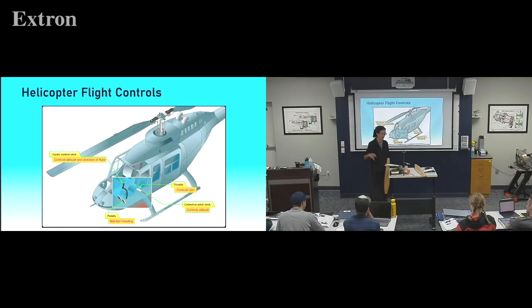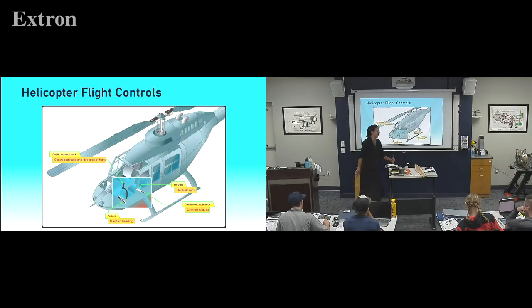When the collective pitch control lever is raised, the blade angle of all the rotor blades increases uniformly. So they're increasing to give you a greater angle of attack, which is giving you more lift. So you go whoop, up, and opposite to go whoop, down.